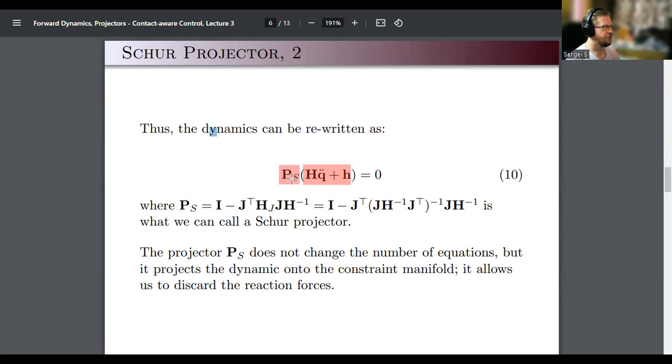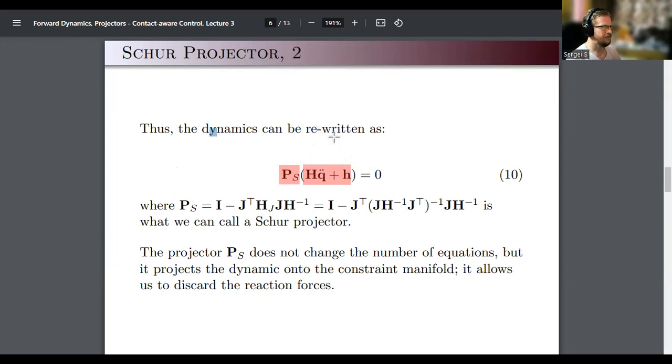While this projector, as an algebraic operator, goes from Rn to Rn, it is still a projector, so it cuts off some components, and effectively the vector Hq double dot plus h would be squished into a subspace. But this subspace is not the solution space of a constraint equation or anything like that.